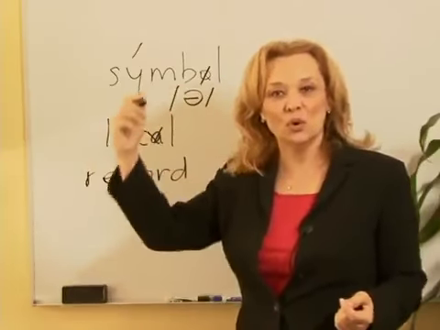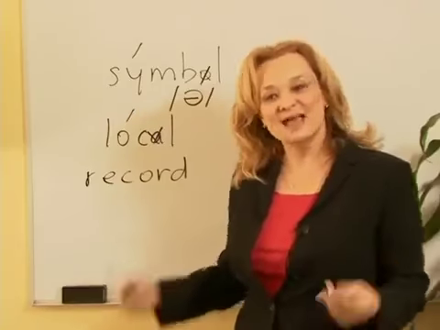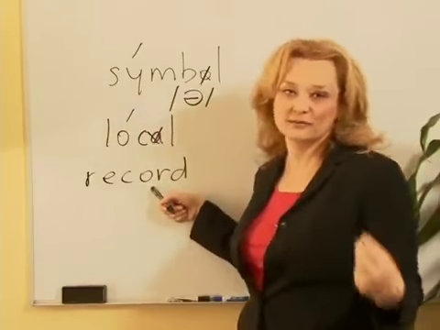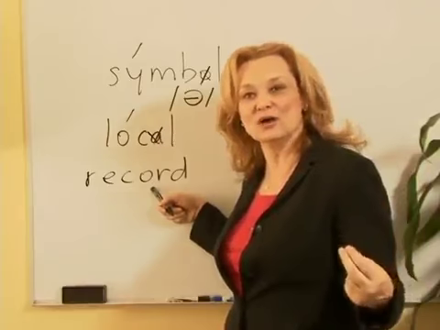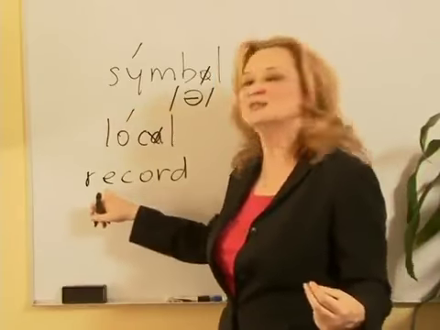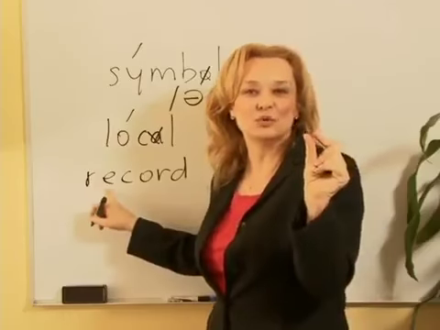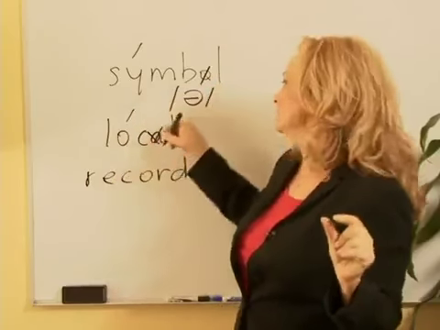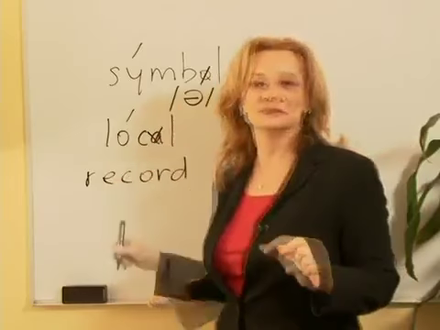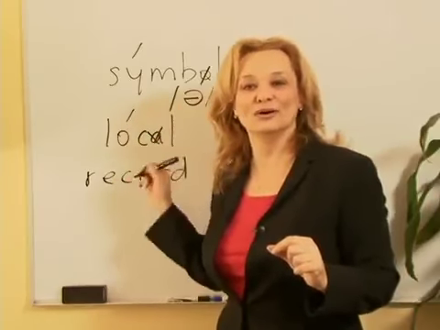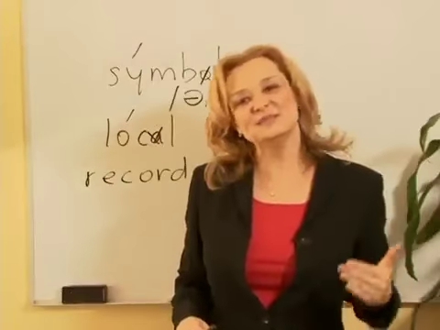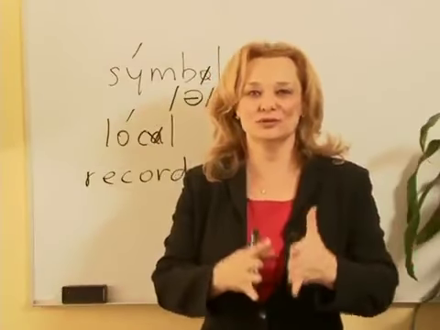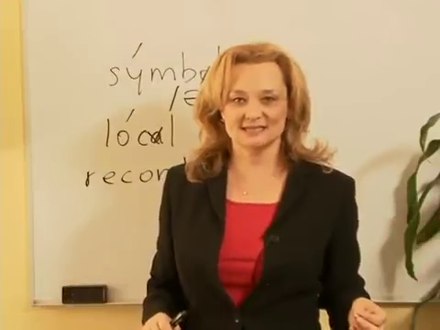I'd like to record my voice. In that case, the O is fully pronounced. It's prolonged and it's stressed. And this part now becomes short. It almost disappears and it becomes the uh sound. Record, record.